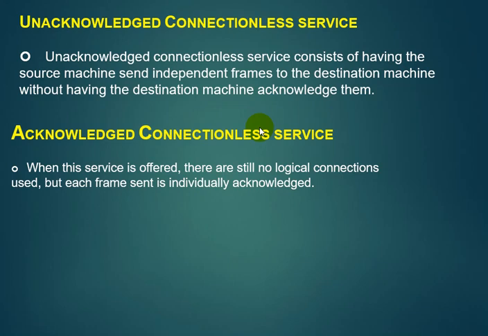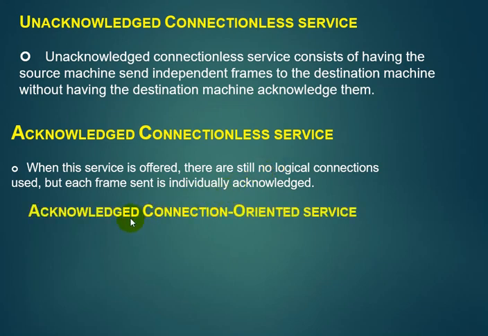Entire packets get through much faster on reliable channels such as fiber, so the overhead of a heavyweight data link protocol may be unnecessary. But on wireless channels, with their inherent unreliability, it is well worth the cost. And the third one is acknowledged connection oriented service.